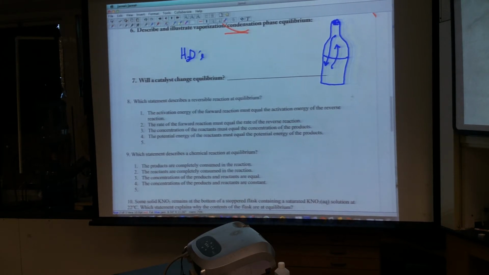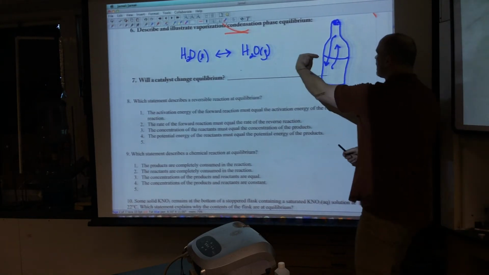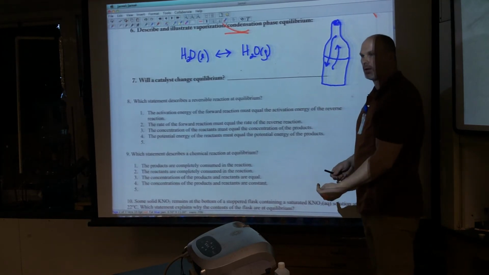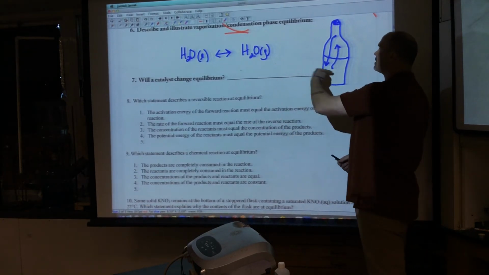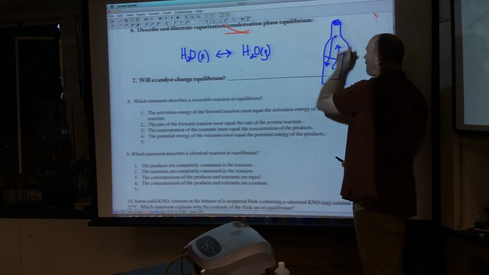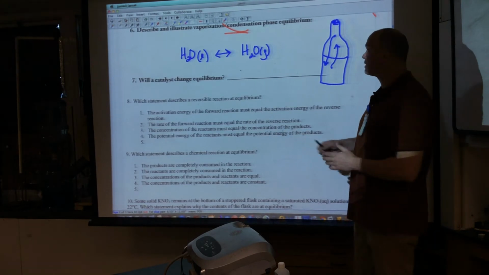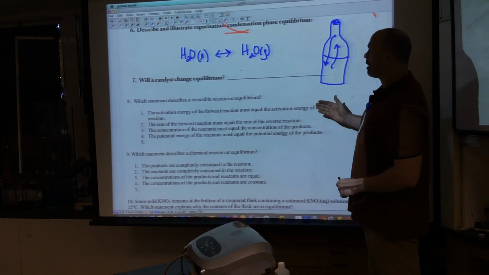H2O liquid, double arrow, becomes H2O gas. And if you keep the cap on, what can you say about the level? It stays constant. You never have a closed bottle evaporate away. It's because of the equilibrium; the evaporation and the condensation rates stay equal. Now open the top, game is over, the rate of evaporation is greater.